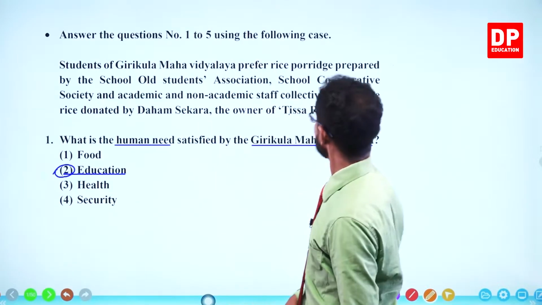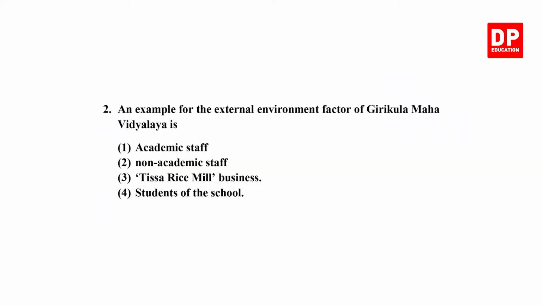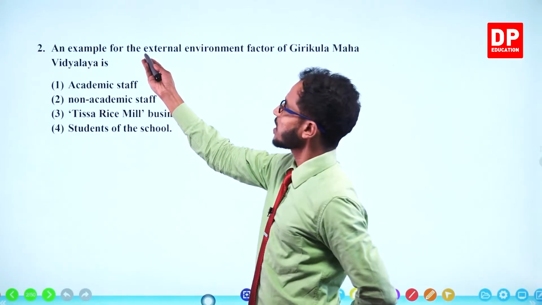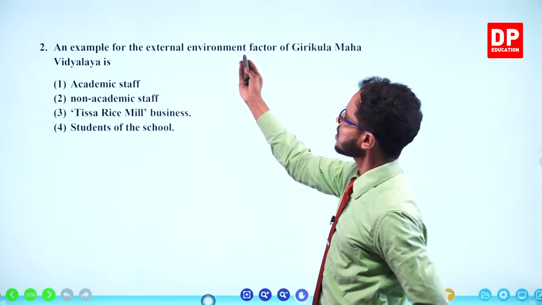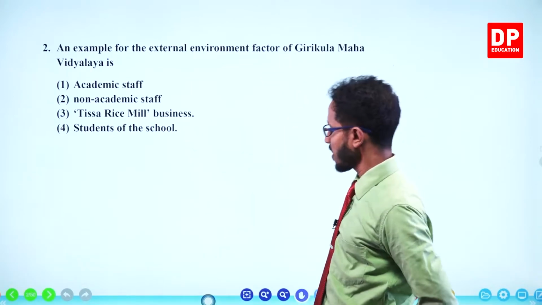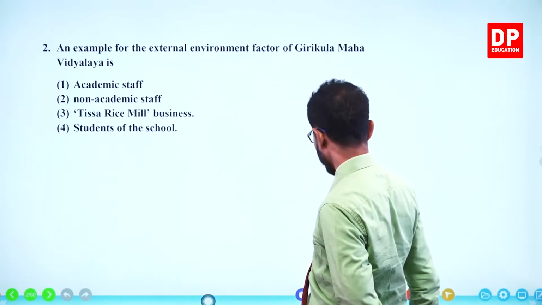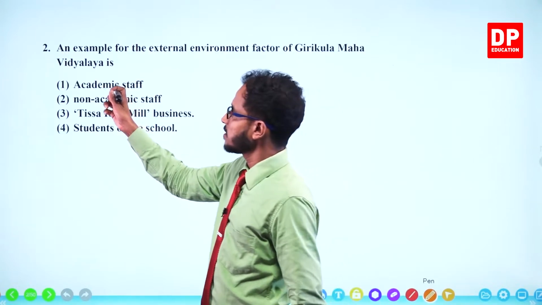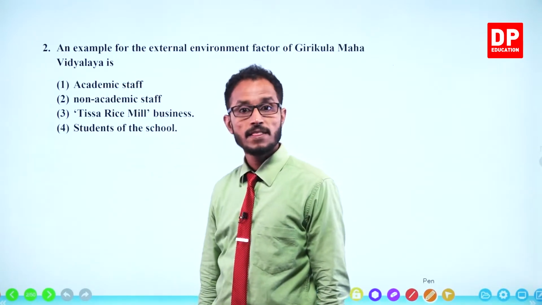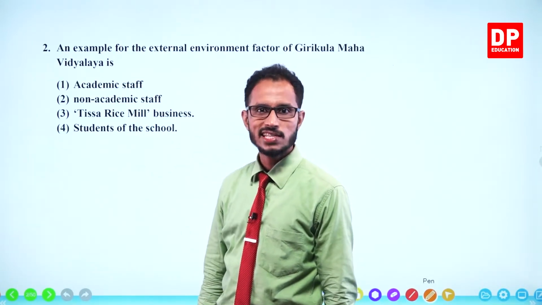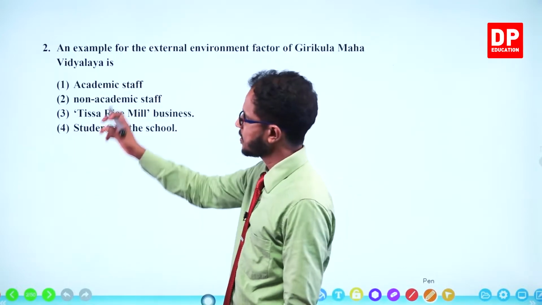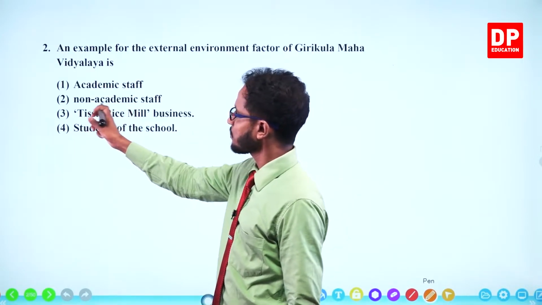Let's go to the next question. For the external environment factor of Girikula Mahavidyalaya. Example for an external environmental factor of Girikula Mahavidyalaya. Is it academic staff? The teaching staff? No, they are inside. They are internal parties. Is it non-academic staff?